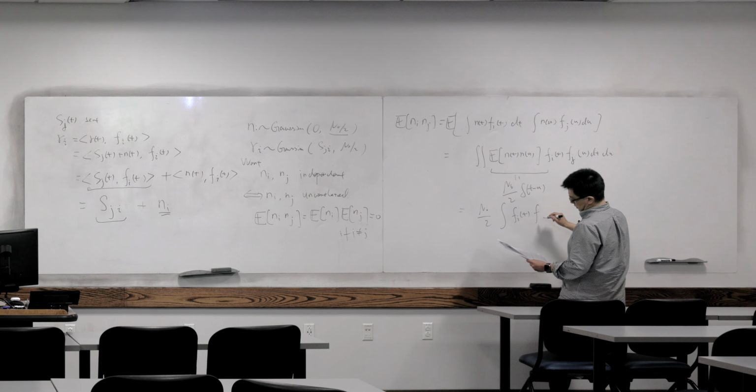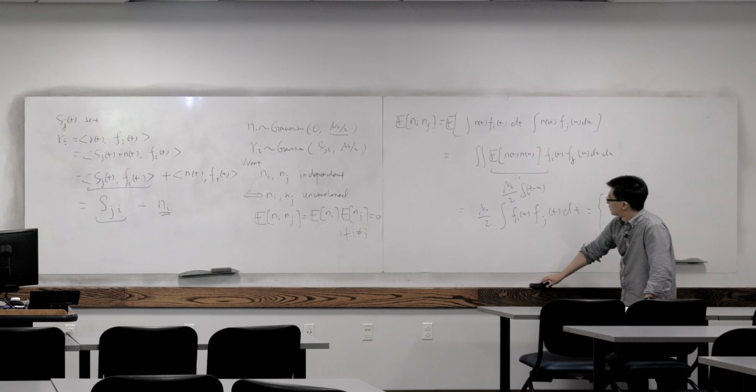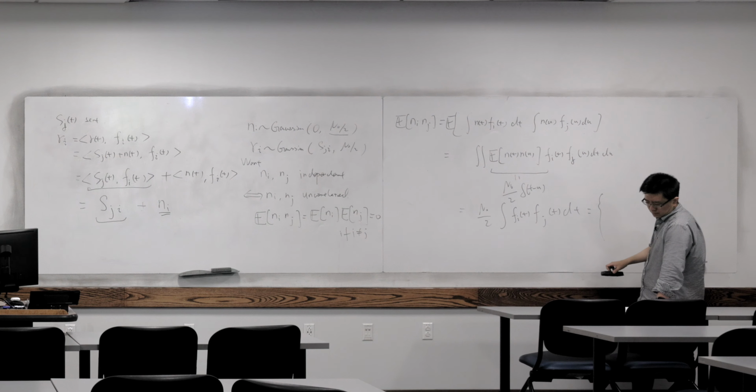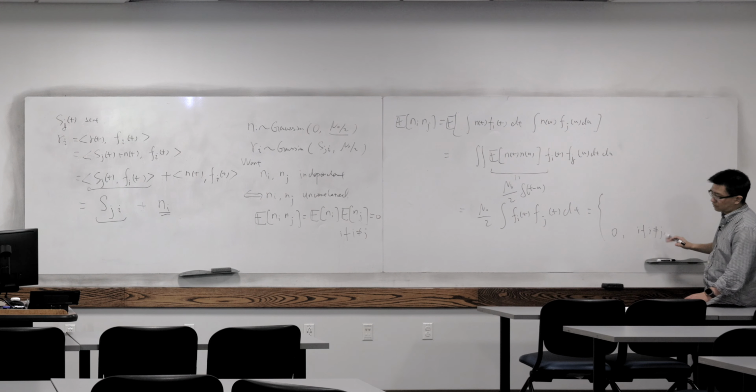As we said, what we want is for this to equal 0 if i and j are not equal.